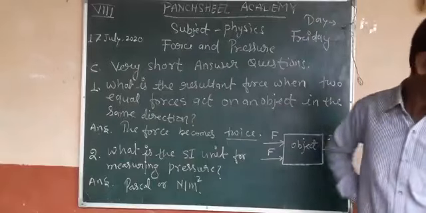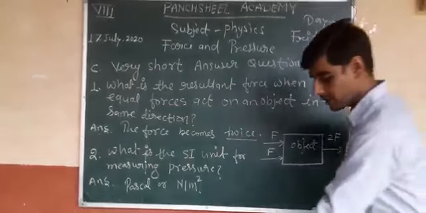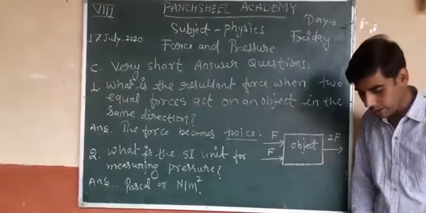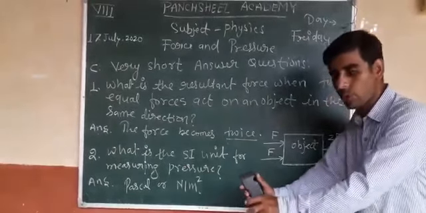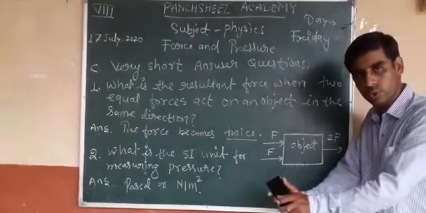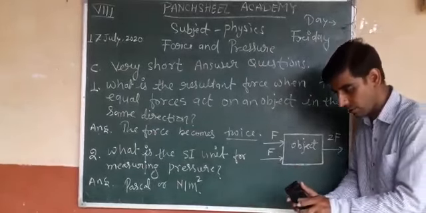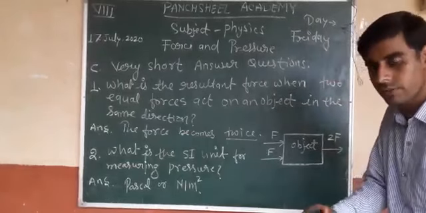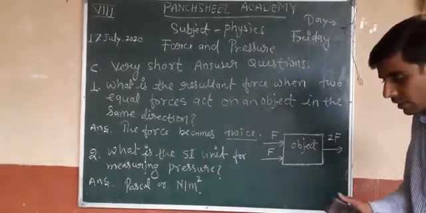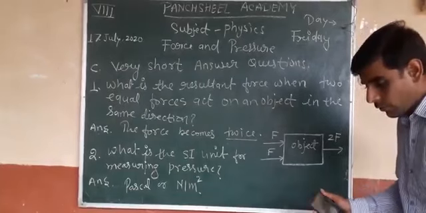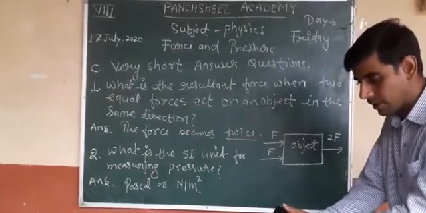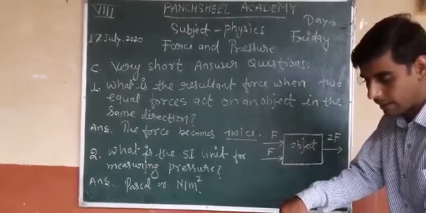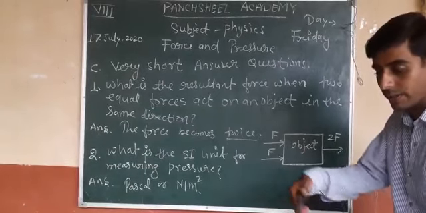Suppose one table is kept here, and two persons standing apply equal force to the table. One person applies a force and another person applies the same force as the first person. So if two forces apply on the table, then the force applied on the table becomes twice.